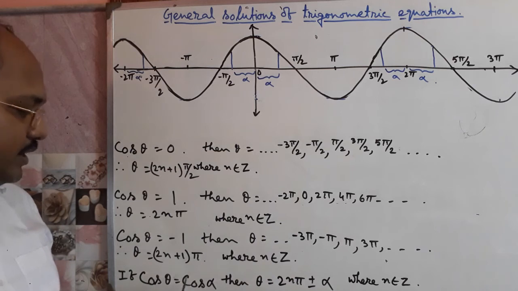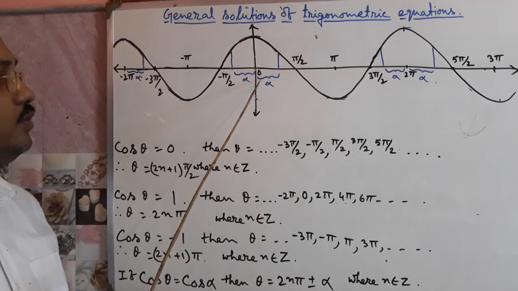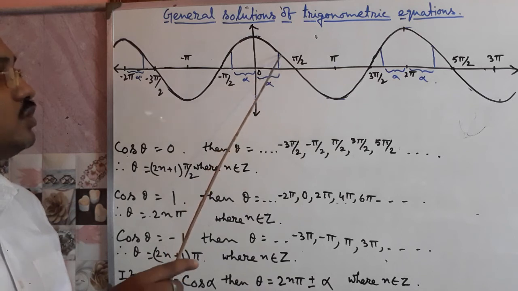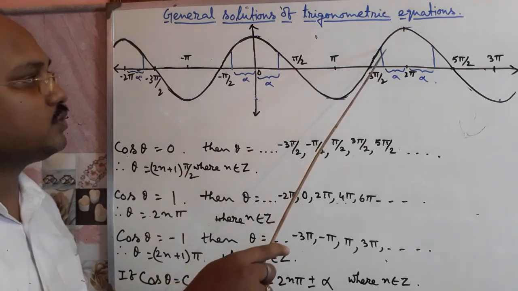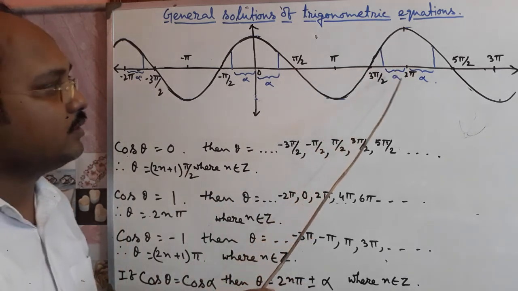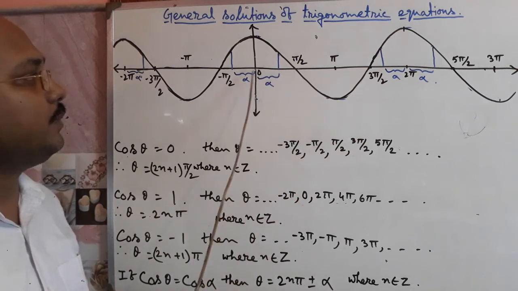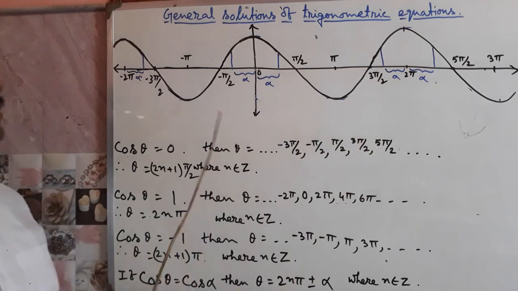Similarly, if cos theta is equal to cos alpha, you see I took this angle as alpha. So this is the value of cos alpha. This is also the value of cos alpha, and this one is cos alpha. You see here plus alpha, minus alpha. Here 2 pi plus alpha, 2 pi minus alpha.